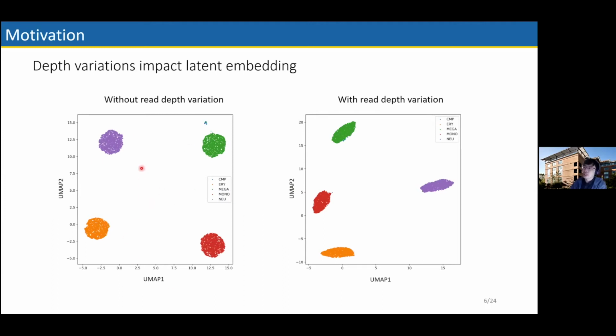The left one is the simulated dataset without read depth variation, so essentially each cell has the same read depth, and the right is a dataset with read depth variation. When there's no read depth variation, you can see LSI can distinguish this rare cell type, which takes only 1% of the total population. However, when there's read depth variation, the rare cell type is overwhelmed.